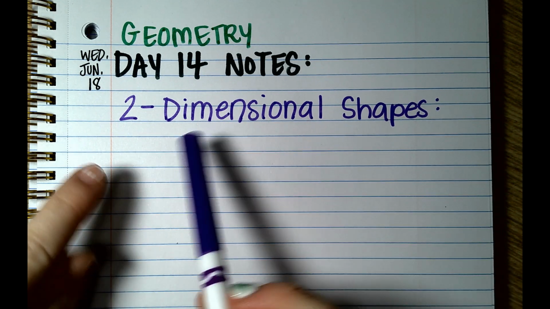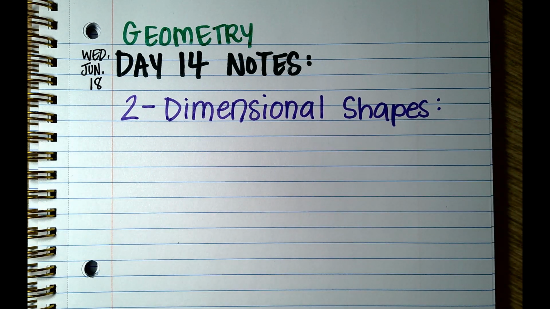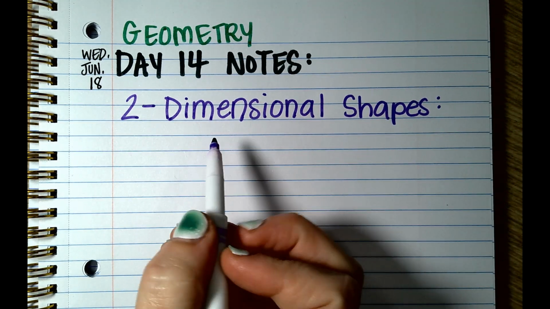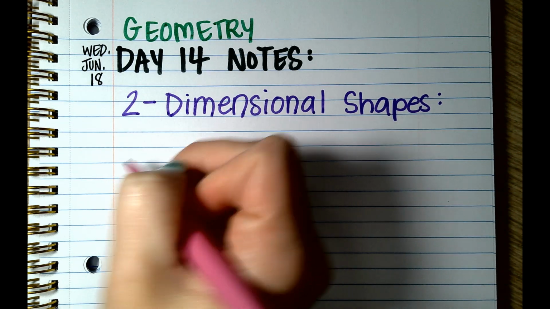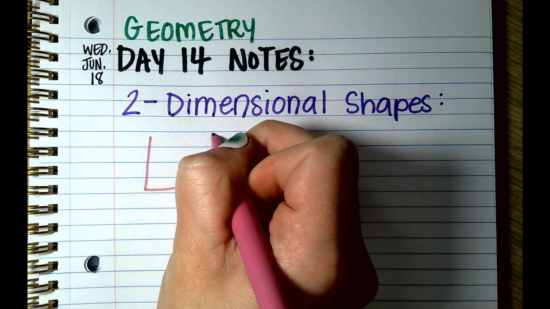Almost. Dimension is actually really just a fancy word for a measurement. Yes. A 2-dimensional shape is 2-dimensional because we can measure 2 different things about it. There's like a height and a width, or a length and a height. 2 dimensions are something like a square.